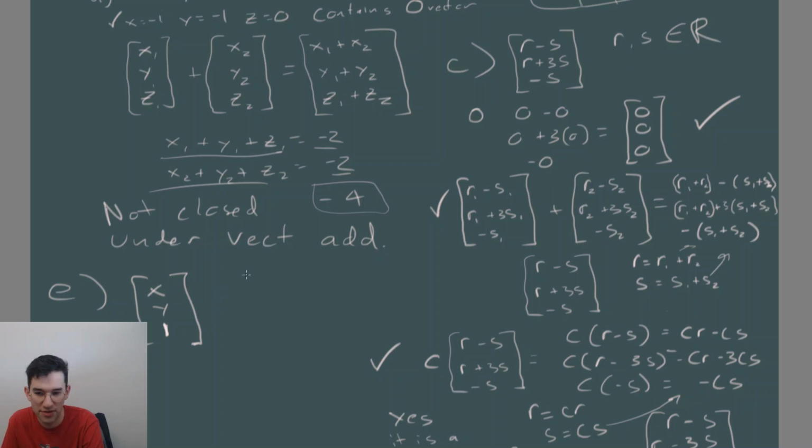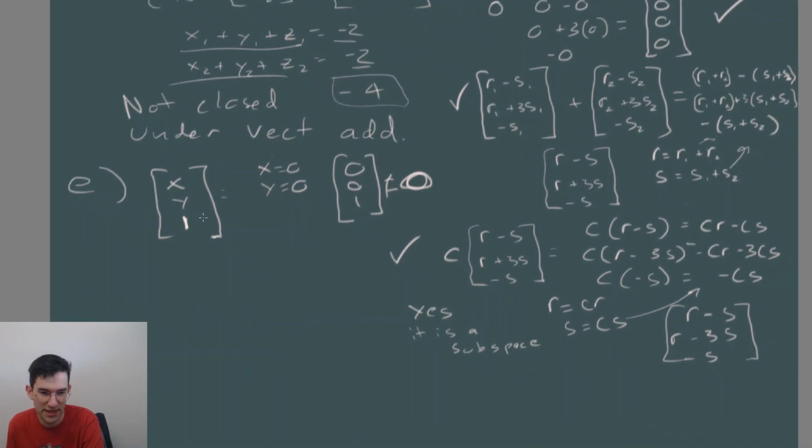If we plug 0 in here for x and y, let's just write x equals 0, y equals 0, then we can't get the 0 vector. We get 0, 0, 1, which is not equal to the 0 vector. So it's not closed.